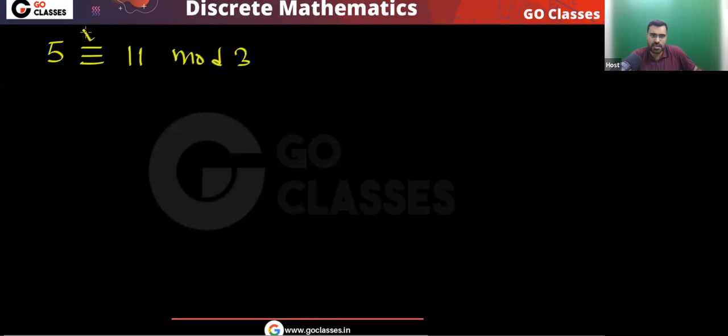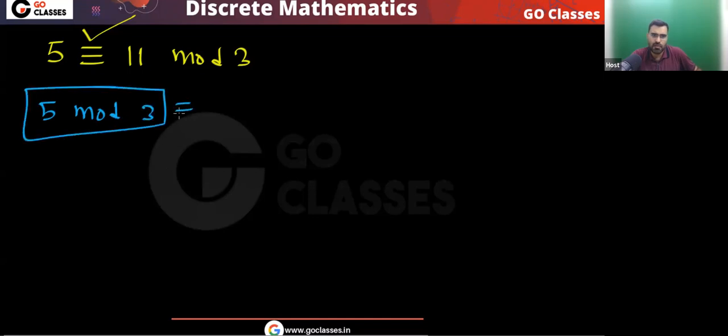This statement is correct. Why? Because when you divide 5 by 3, the remainder you get is 2, and when you divide 11 by 3, the remainder you get is also 2. They are the same. So that is the reason.